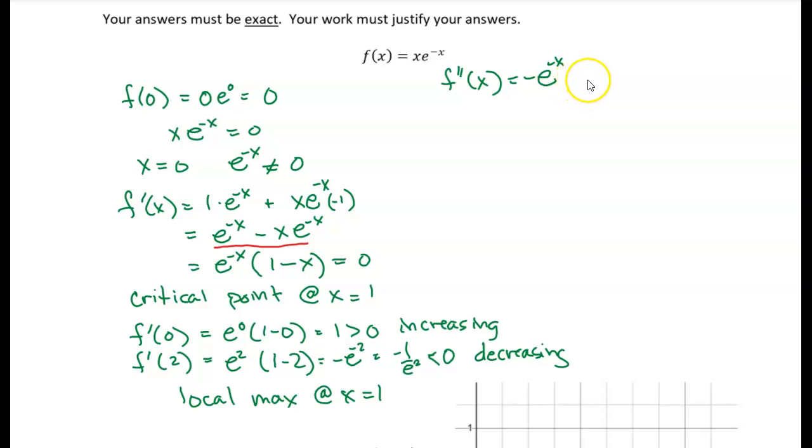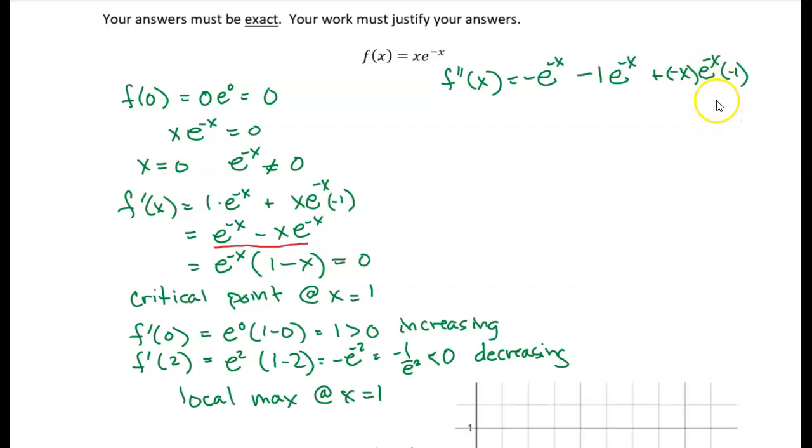So I take the derivative of the first, the minus x, which gives me minus 1, times the second, e to the minus x, plus the first, which is a minus x, so I'll put that in parentheses because it's plus a negative x, times the derivative of the second, which is e to the minus x, and then I have to use the chain rule, so I have to multiply times negative 1.